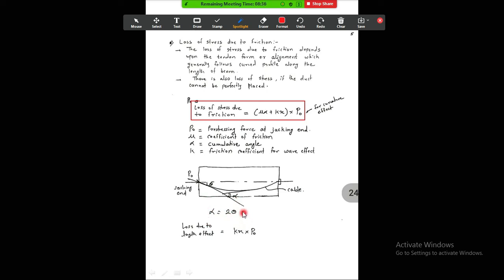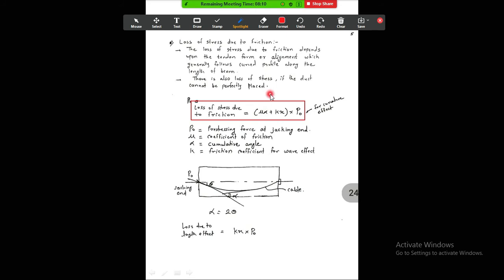Again, this is a question for MCQ. So alpha is the cumulative angle, and generally it is equal to 2 times theta.